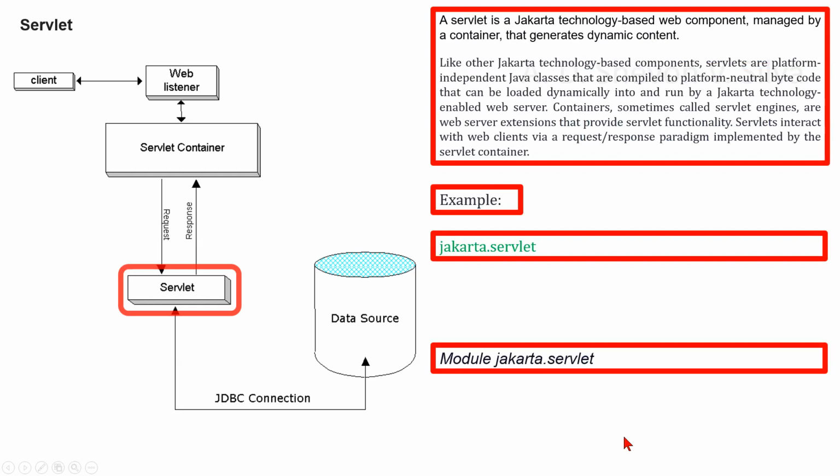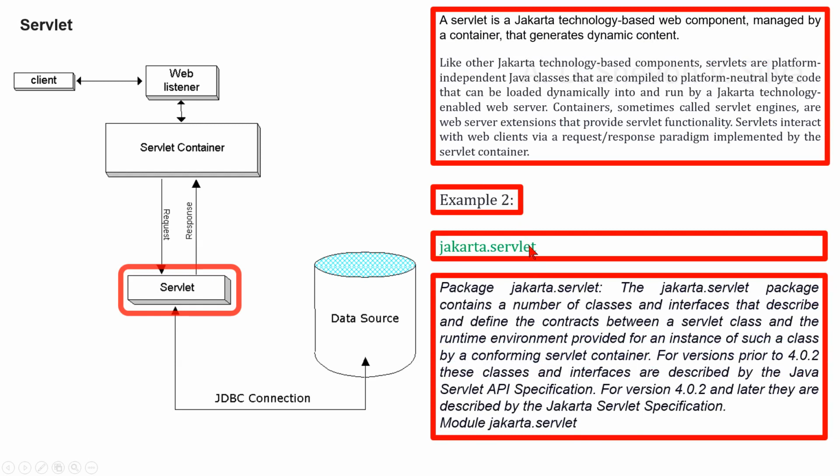As an example, we can consider module jakarta.servlet. As example 2, we can consider package jakarta.servlet. The jakarta.servlet package contains a number of classes and interfaces that describe and define the contracts between a servlet class and the runtime environment provided for an instance of such a class by a conforming servlet container.